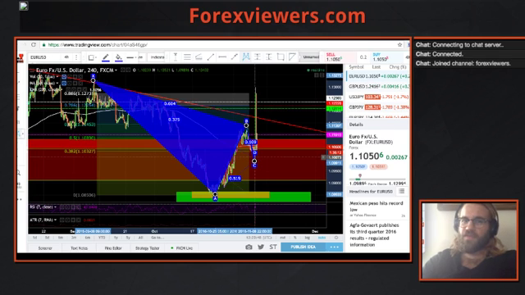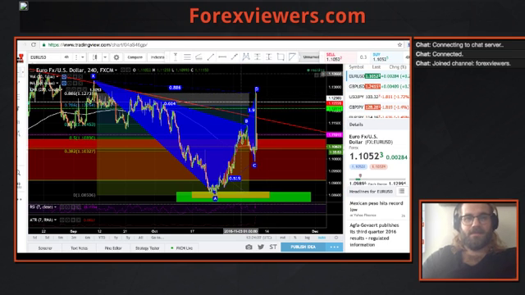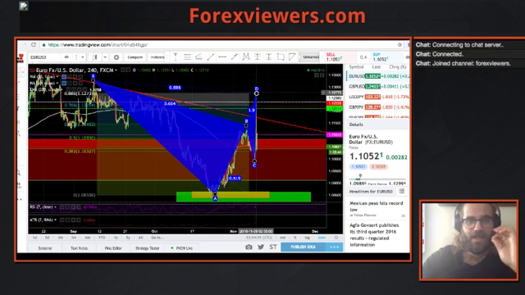And I'm not saying to trade this exact pattern. I wasn't involved. I didn't trade this. I wouldn't trade it. But I just want to show you guys an example of how the market is respecting these Fibonacci lines. And as you can see, we come up with a spike, hit the 886, and we kiss the 886, and then we drop.